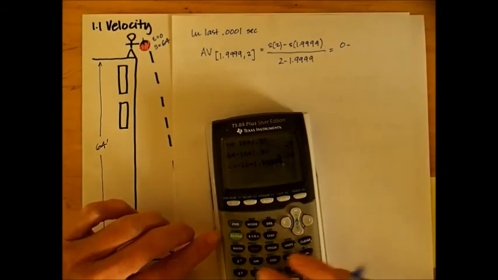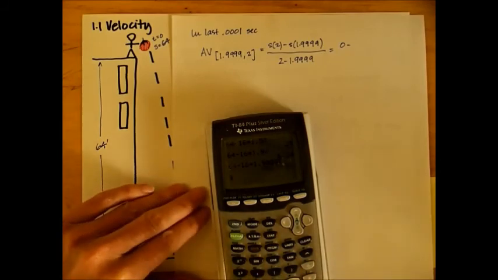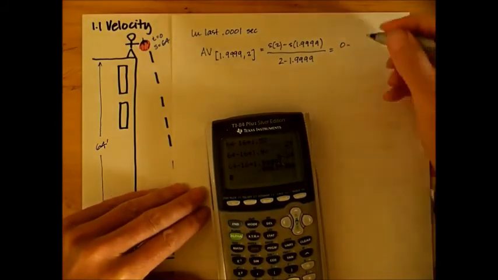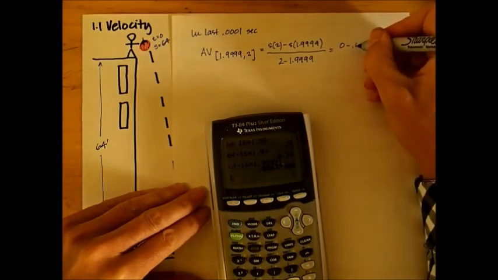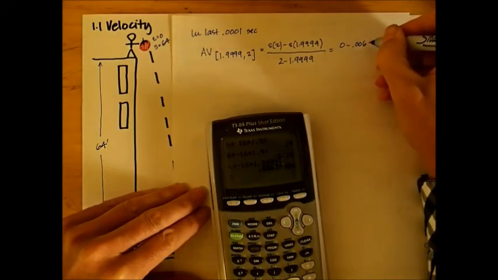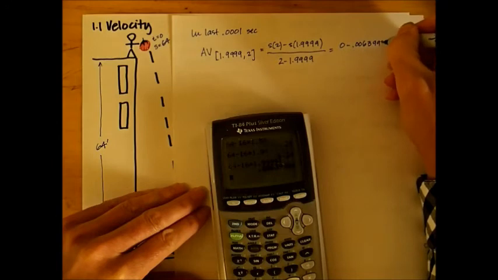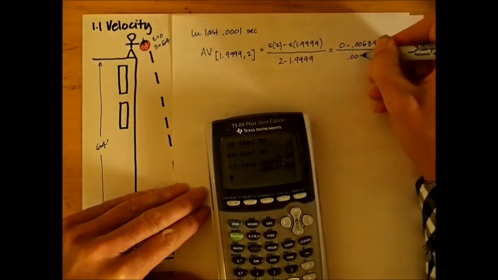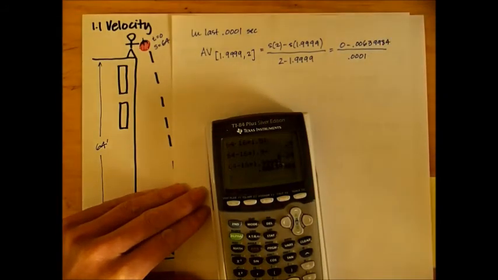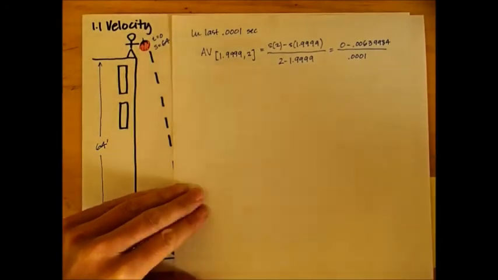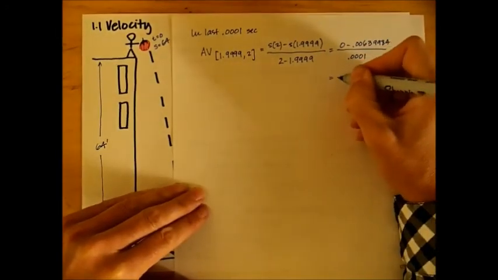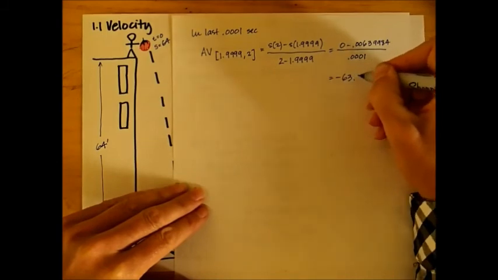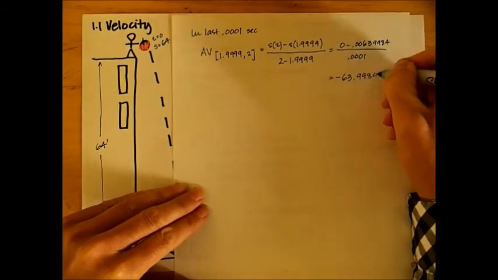We get 0 minus 0.00639984 divided by 0.0001, which is negative 63.9984.